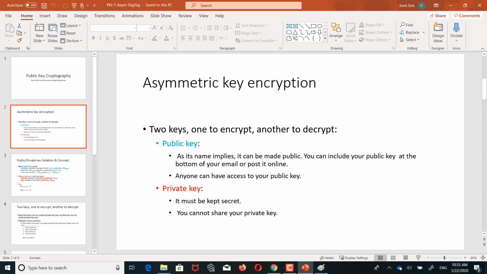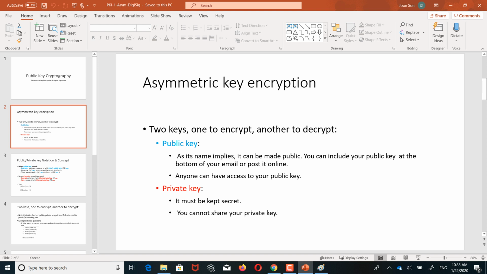What is really unique about asymmetric encryption is that it has a public key and a private key. The public key, as the name indicates, can be made public.